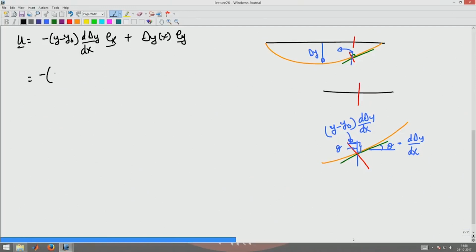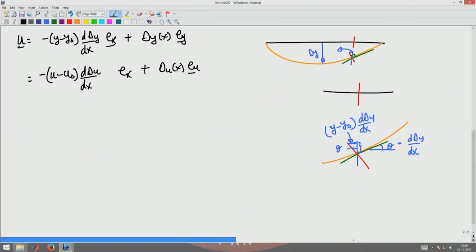So, you have u minus u naught d delta u by dx Eu plus delta u, which is a function of x Eu, because the cross sectional axis in the plane of the cross section is u and v, okay.